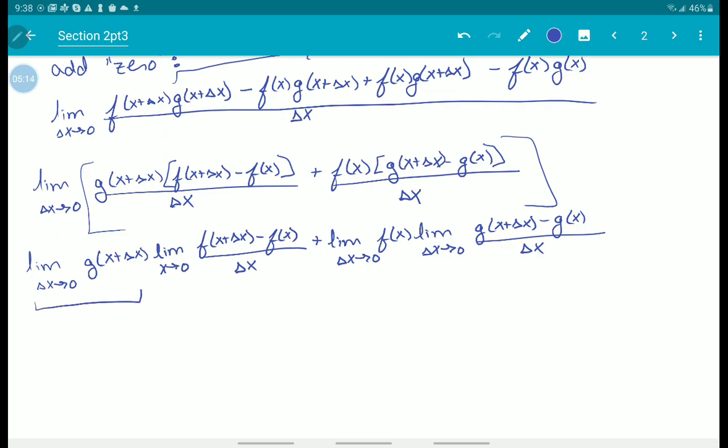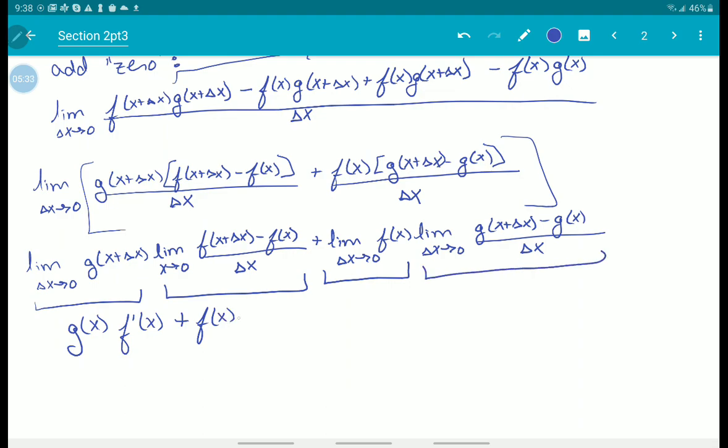The limit as delta x goes to 0 of g of x plus delta x is going to be g of x plus 0, which is just g of x. This is the definition of the first derivative of f of x. Plus, this limit would be f of x. And this would be the definition of g prime of x.